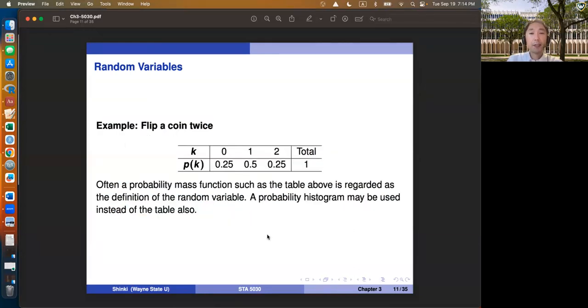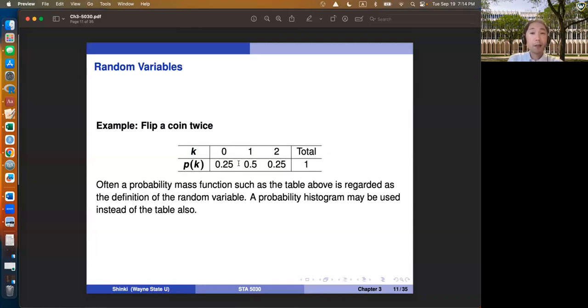Our example is here. The possible values are just 0, 1 and 2 in the flipping a coin twice example. If the original event is TT, then the number of heads is 0. That happens with probability 0.25, because the result is head or tail with 50% probability, so all 4 single events have probability 1/4 each.